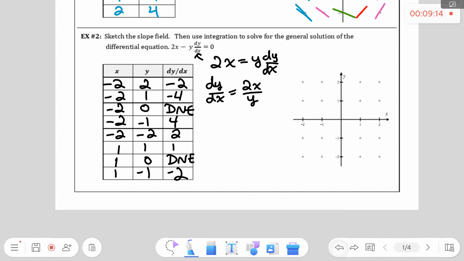What's the slope of that point? -2, so it looks something like that. For the sake of time, I'm just going to go ahead and draw this. That one's a little steeper, less steep, 0, steep, more steep, less steep, 0.